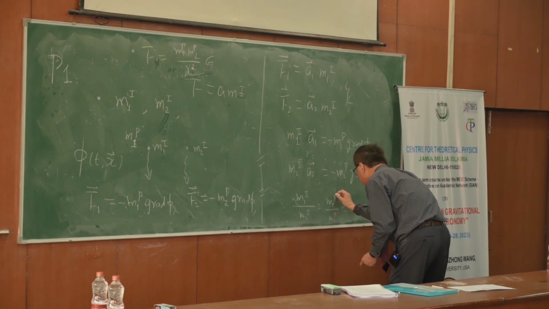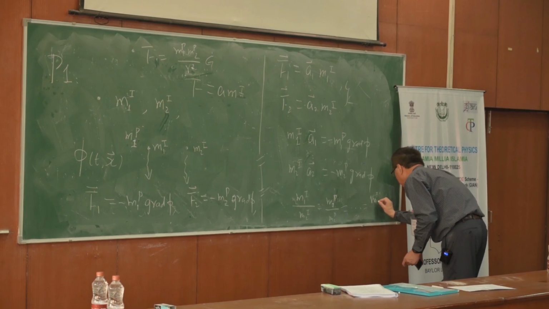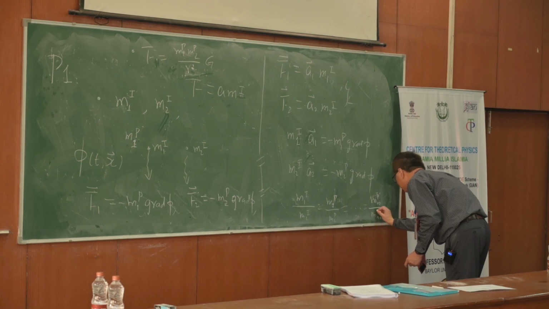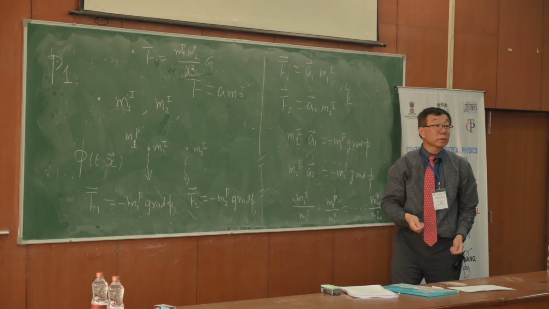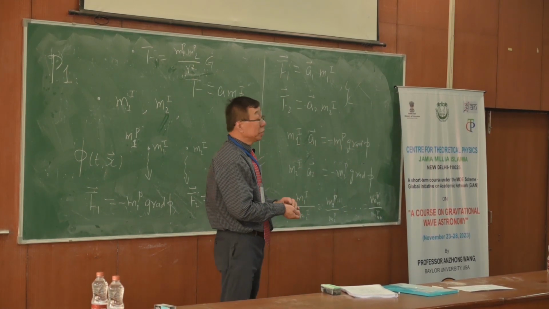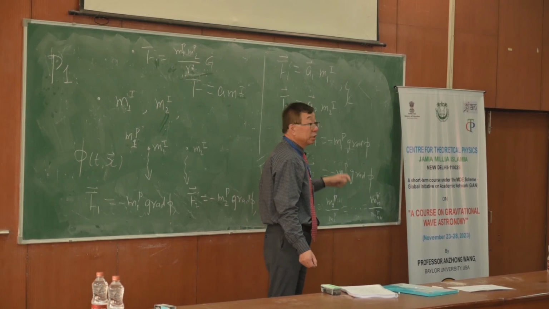So I have M1P over M2P, and there is no difference, okay? So the Galileo experiment tells us these two are equal.